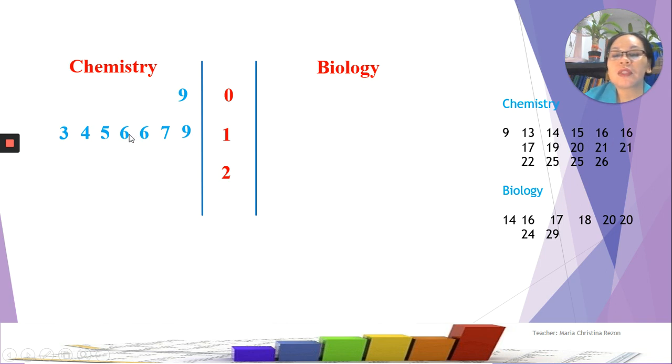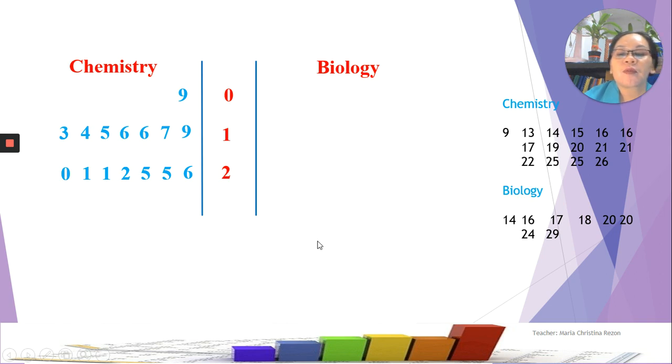That's why you have 2 6s here, because you have 2 16s, and then you have 7 and 9. Then you can go to the next tens digit, which is equal to 2. So you'll have 0, and then you have 1. So you have two 1s because you have two 21s here. And then you have two 5s because you have two 25s.